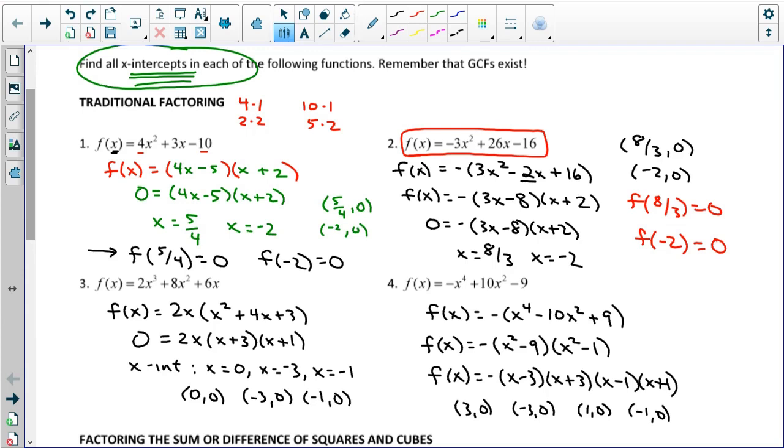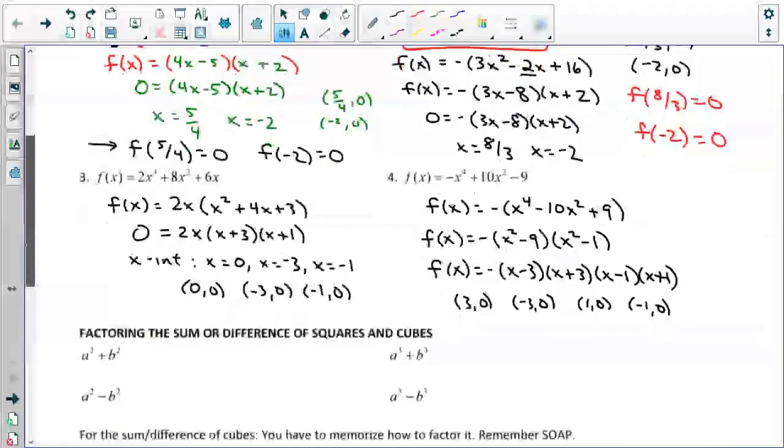But if the directions were slightly different, let's say the problem, instead of saying f of x equals, were 0 equals negative 3x squared plus 26x minus 16, for example. If that was the problem and it said solve for x, then we would write our answer as x equals 8/3 and x equals negative 2. So it's important to understand what the directions are saying in the problem.